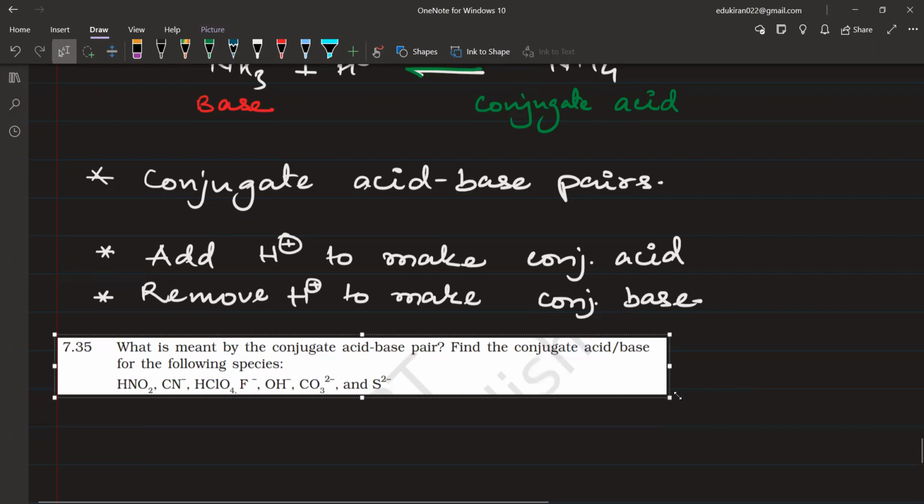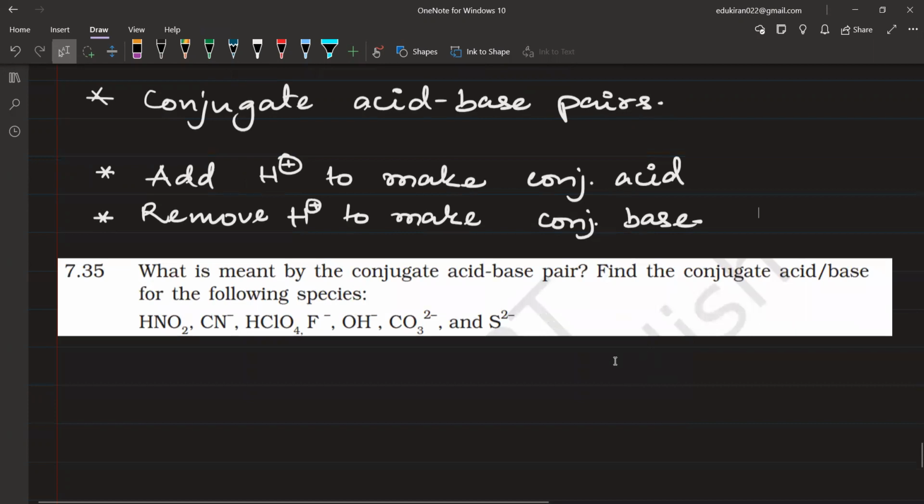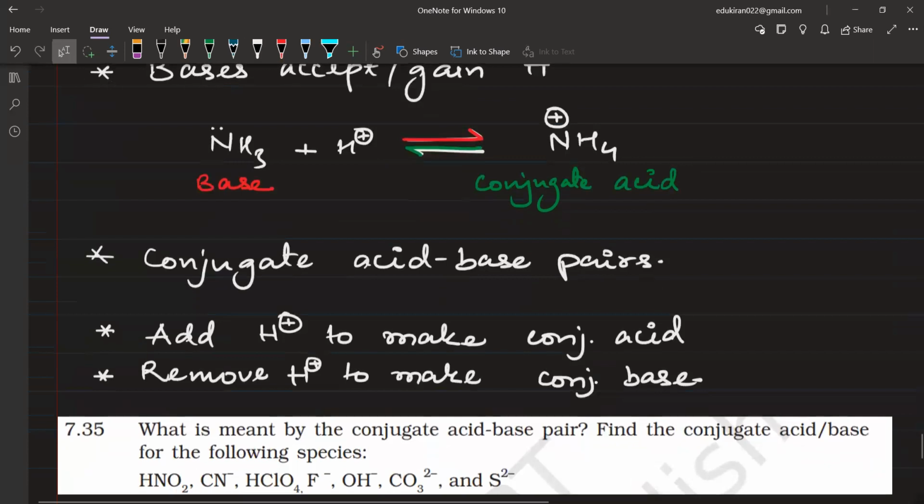उन्होंने बोला what is meant by conjugate acid base pair, ठीक है। Then they are asking find the conjugate acid base for the following species. So, हाँ हाँ जी बताएं। In the above reaction, NH3 acts as both a base and an acid. NH3 नहीं, NH3 तो base है, okay.